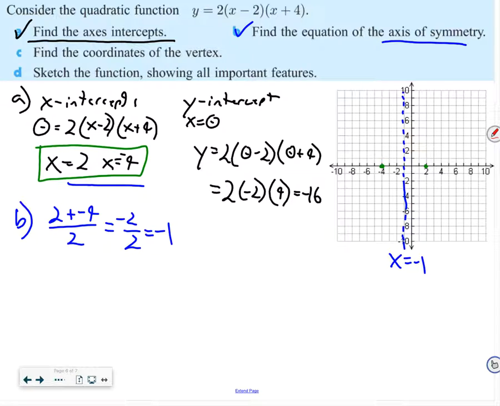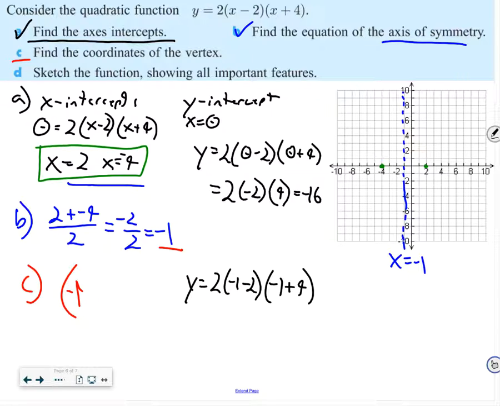Okay. Next part is I want to find my vertex. I know the x value is equal to negative 1 because that comes from my line of symmetry. Then to find my y value, I just evaluate the function. So I have y is equal to 2 times negative 1 minus 2 times negative 1 plus 4. So I substituted negative 1, the x value of my vertex, into my function, and now I'm going to simplify it.